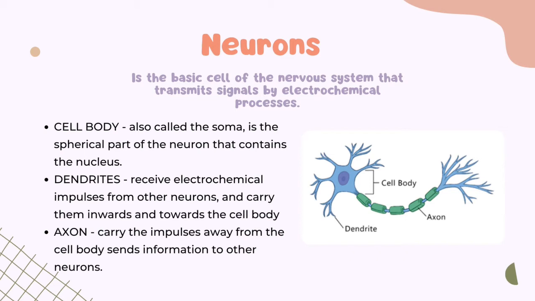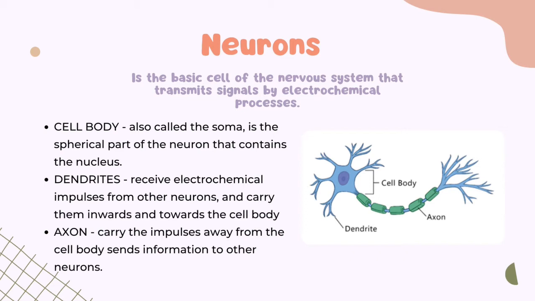Meaning to say, dendrites only transmit the signals inward and outward of the cell body, so they are not connected to other neurons. While the axon involves other neurons. The axon is responsible for connecting one neuron to another neuron by means of sending impulses.